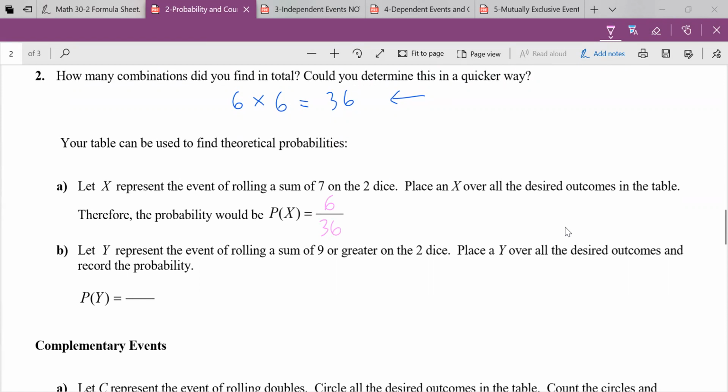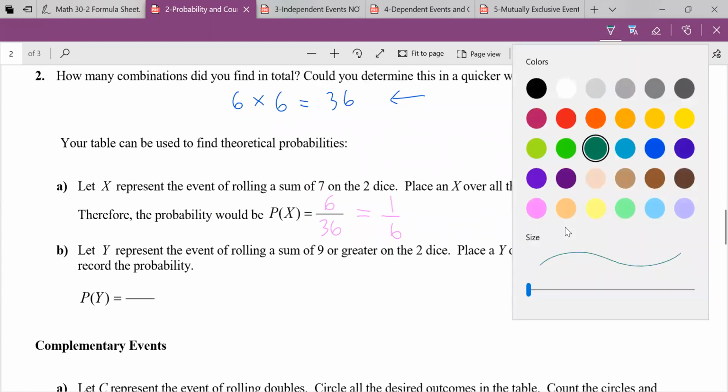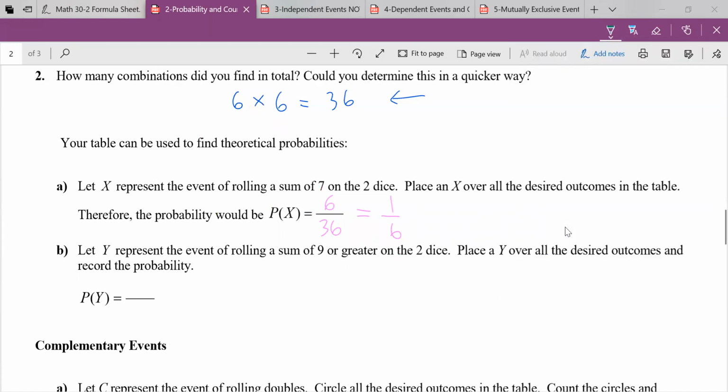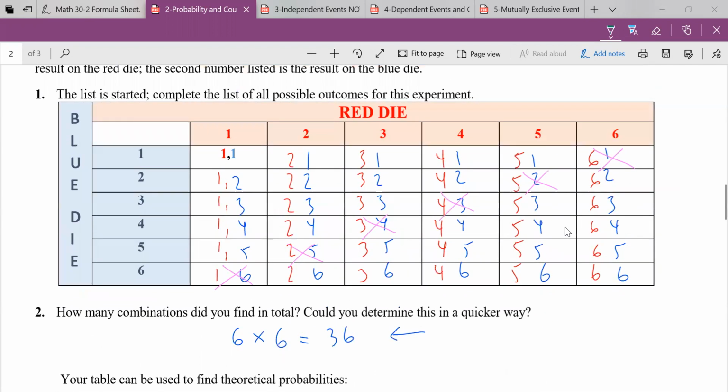You can leave that as your answer, but it would always be nicer if you simplified it: 1 over 6. B, let Y represent the event of rolling a sum of 9 or greater. Put a Y over top of all of those desired outcomes. So 9 or greater: 1, 2, 3, 4, 5, 6, 7, 8, 9, 10.